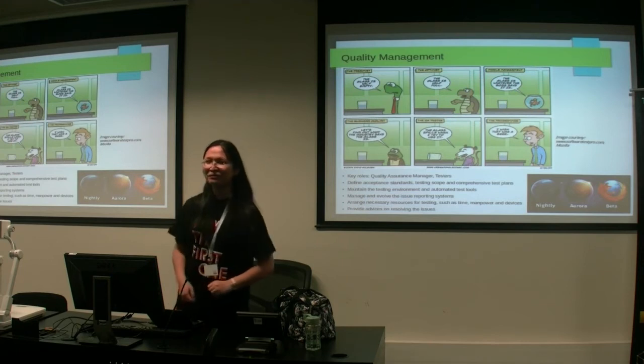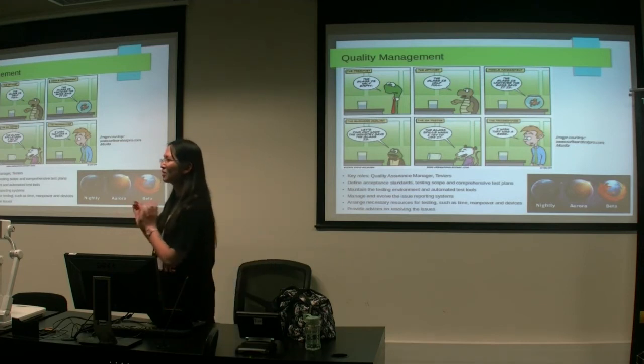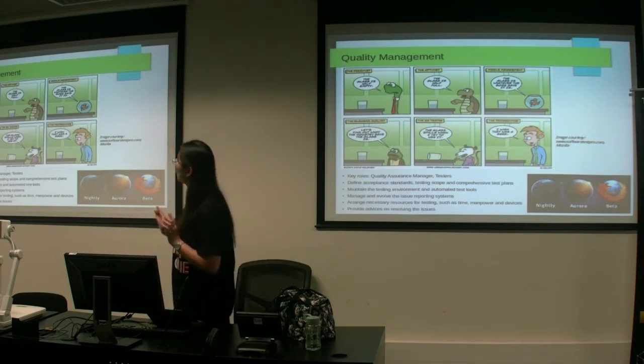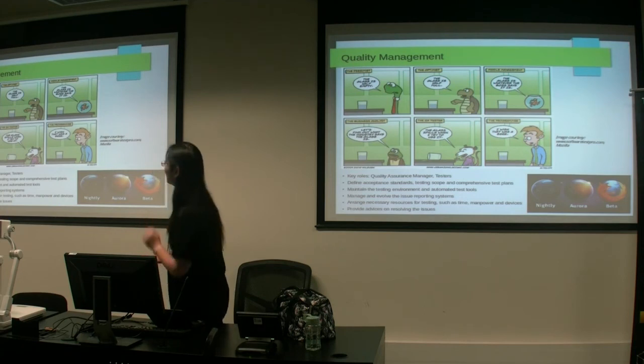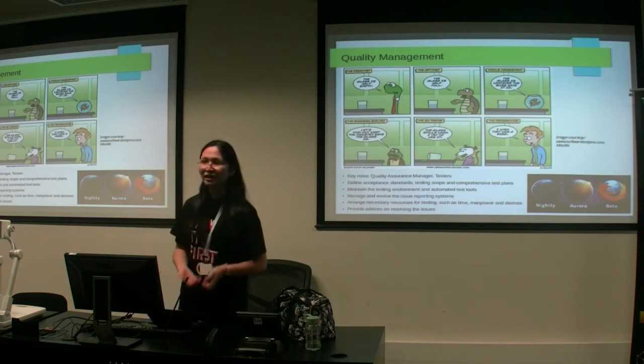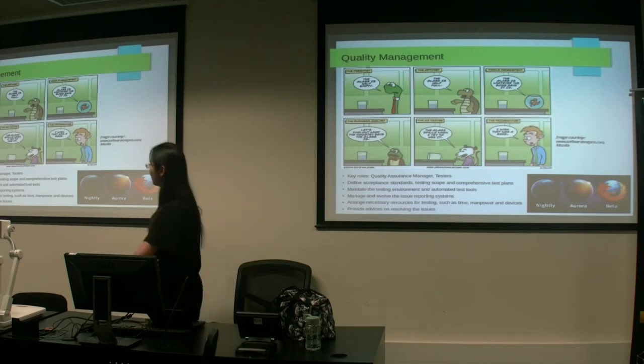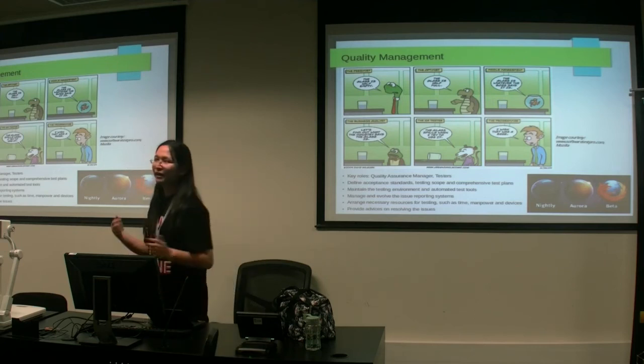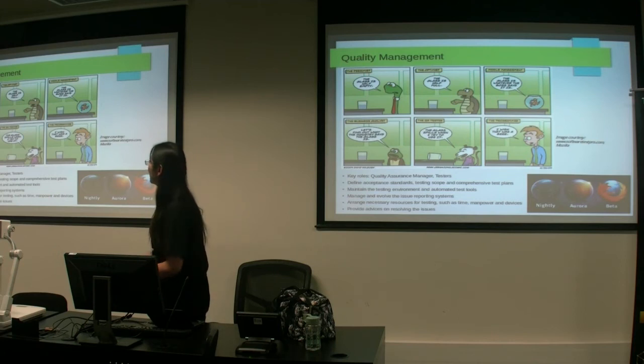Quality management. To make sure that the software product is working great, you need to test it properly. The quality assurance manager and testers should define the acceptance standard, testing scope, and comprehensive test plans, and maintain a good testing environment, and even automatic test tools and things like that.